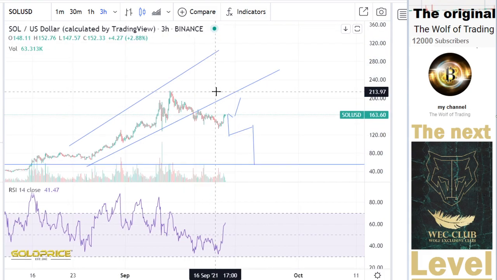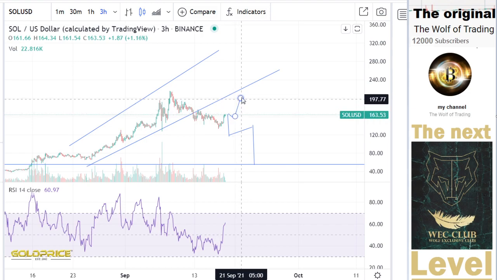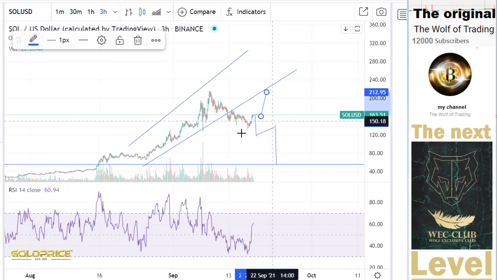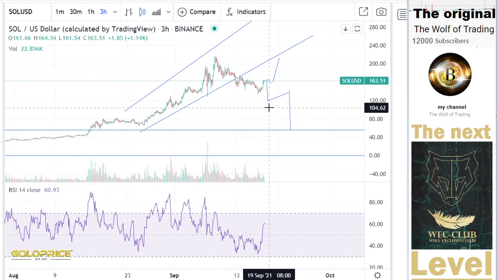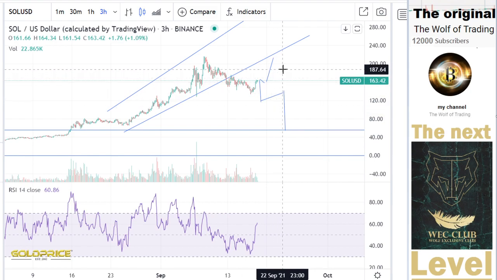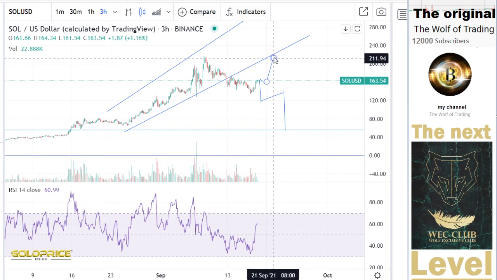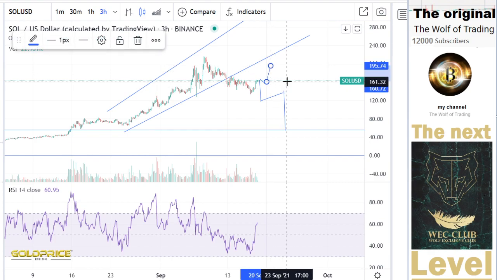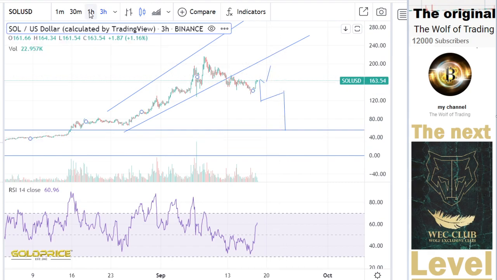So I think we could see a short-term rise to 210 or something like that, and then it is finished, I think. Let's look. I think this is more realistic, 195, and then the price drops to the downside.